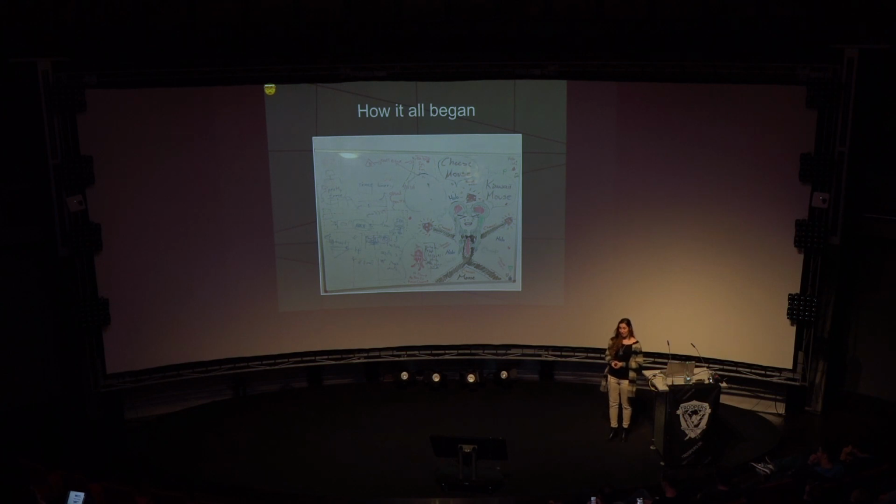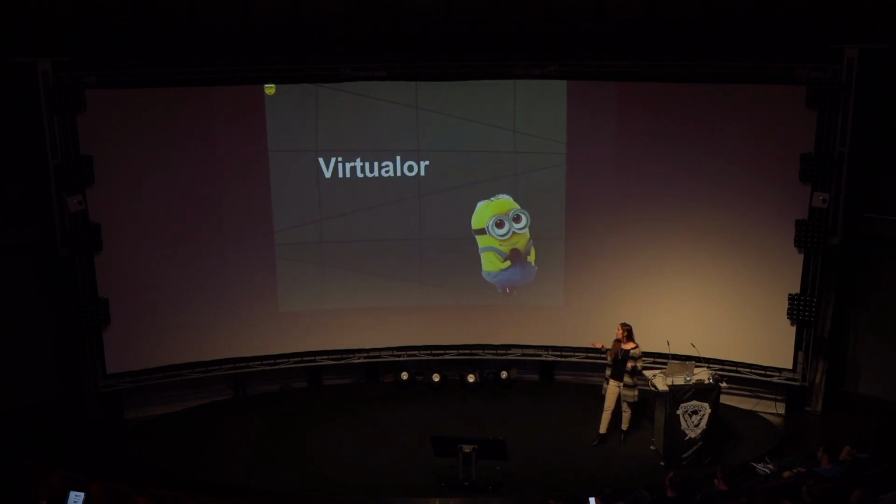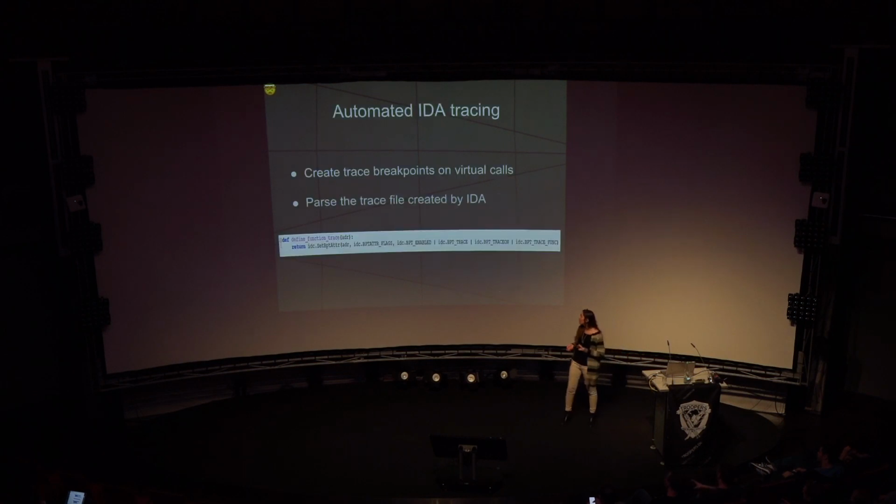So I said, okay, fine, I'll find a way. I took a whiteboard and wrote down everything I wanted and everything that I thought about. And then I came up with Virtualer, which is the tool that I'm going to speak about.